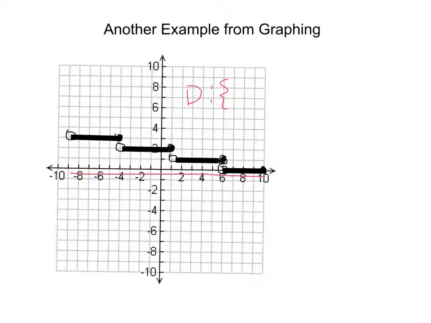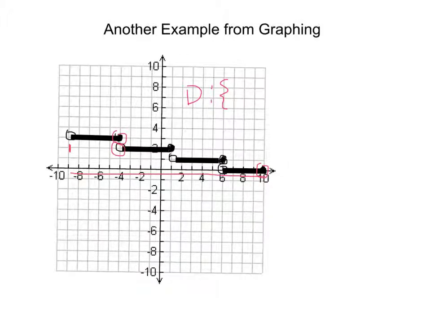We're not actually going to include this one because we've got that open circle, but we are going to include this end. Notice there's no actual breaks in between, because even though there's an open circle here, there's a solid circle above it. So all the values in between those two endpoints are included.